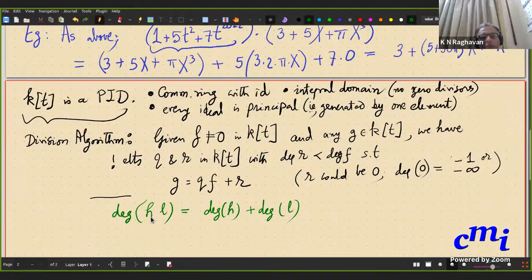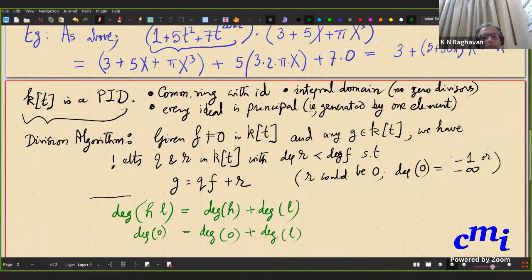Now, what if H is 0? This side becomes the degree of 0. This side becomes the degree of H, which is the degree of 0, plus the degree of L. So you want the degree of 0 to be the degree of 0 plus the degree of L, and this degree of L could be anything, right?